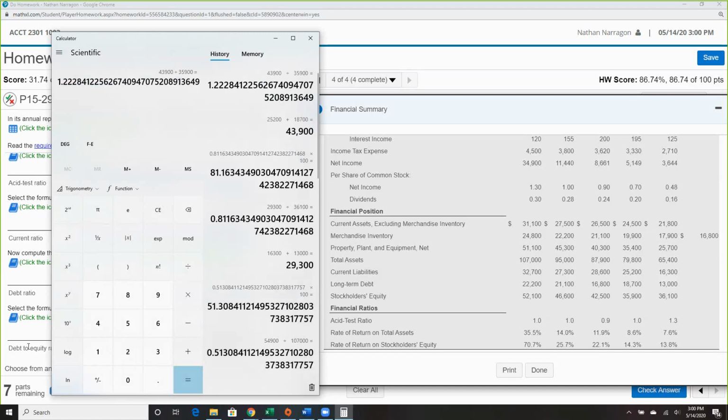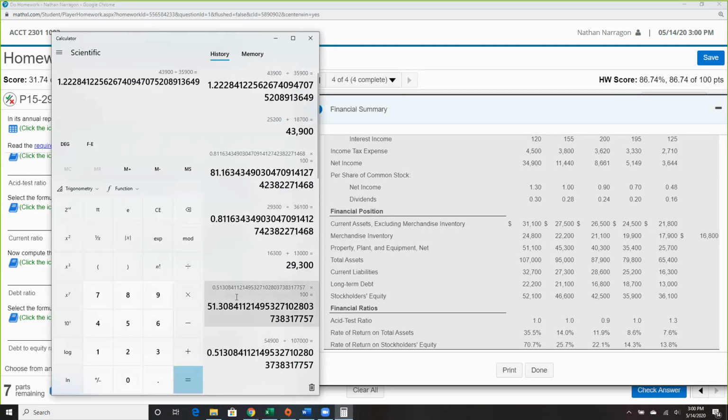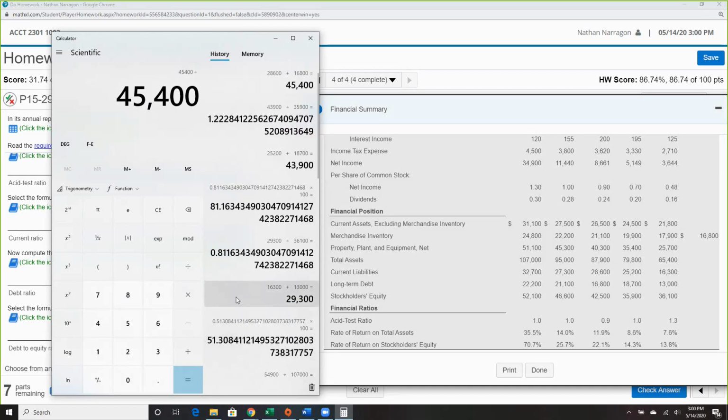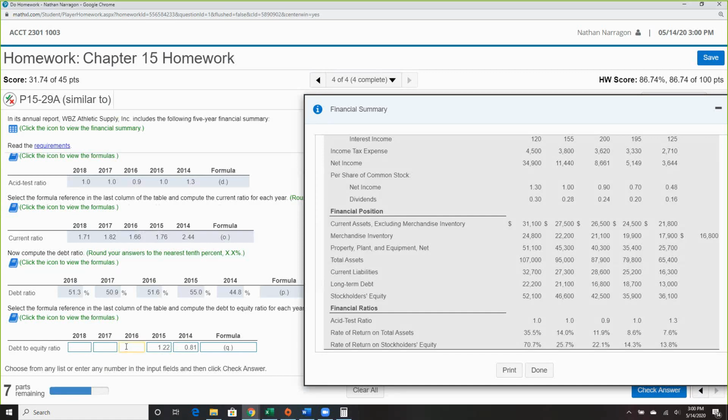So 1.22. 28,600 plus 16,800 divided by 42,500, 1.07.